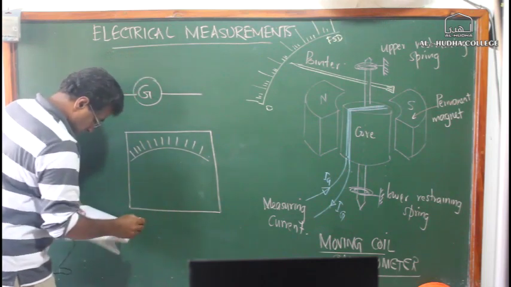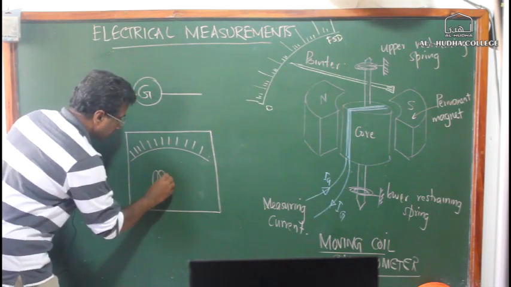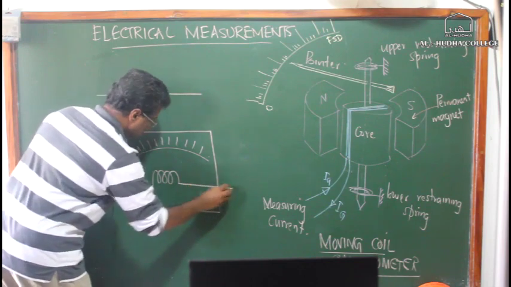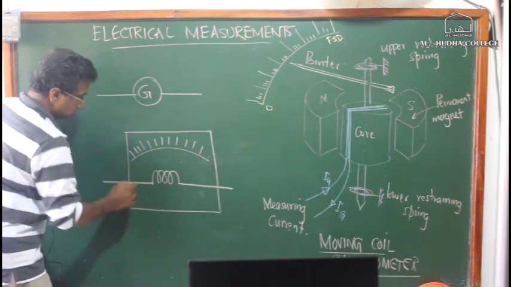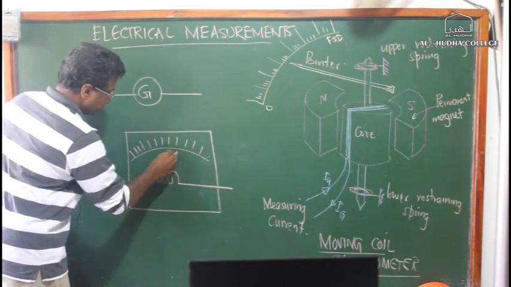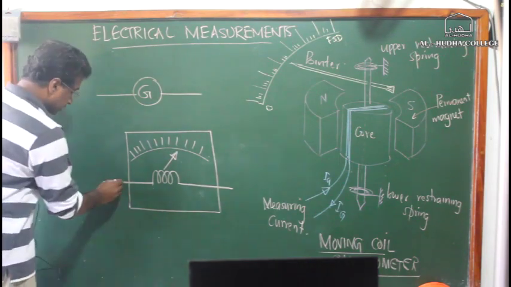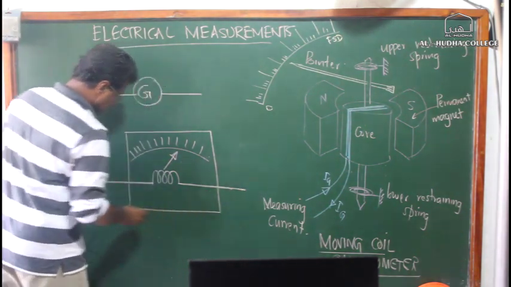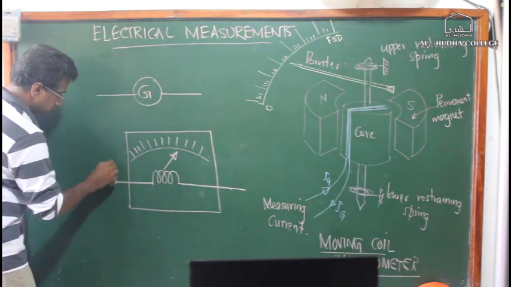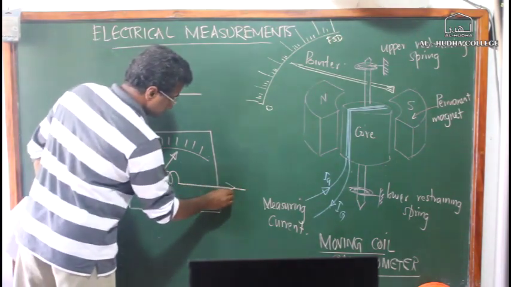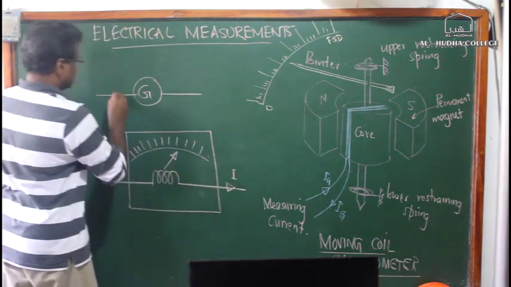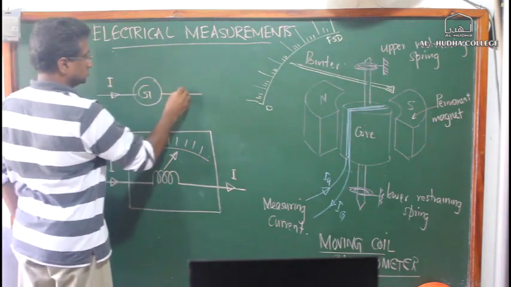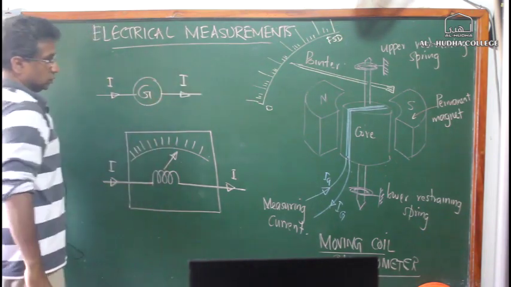Then you have a coil, right, and a small pointer. So these are terminals of the galvanometer where you apply current. Okay.